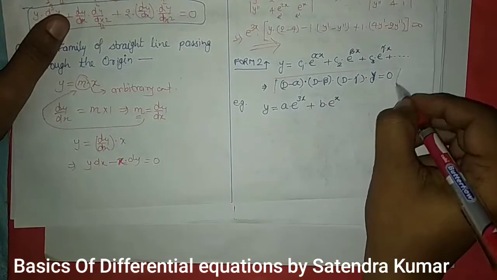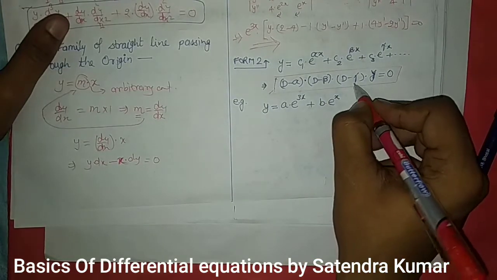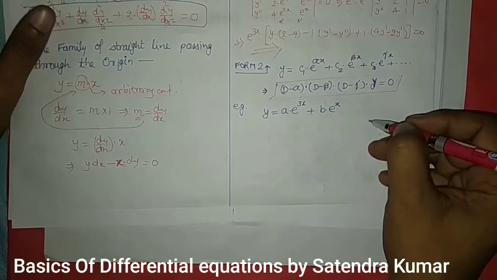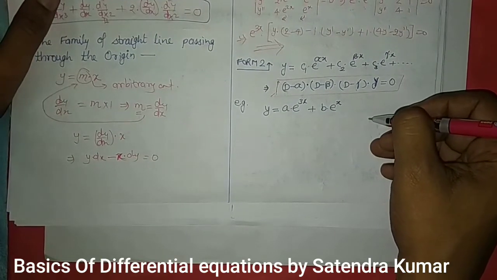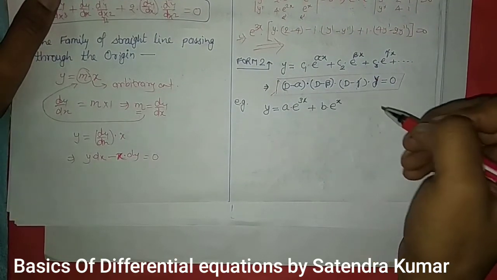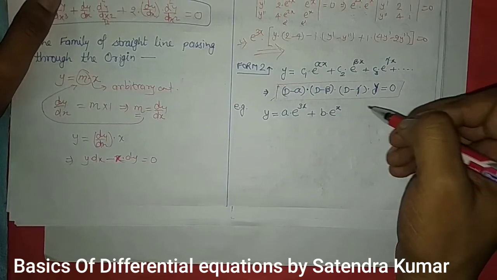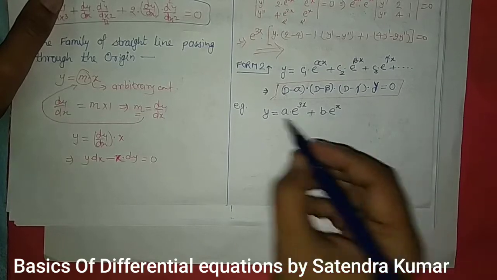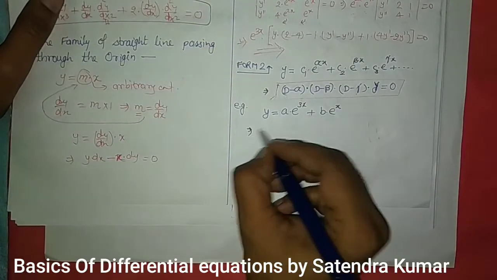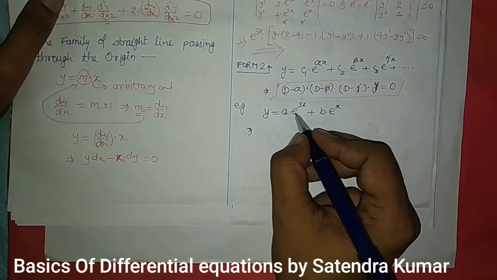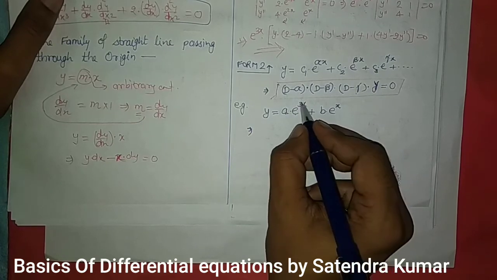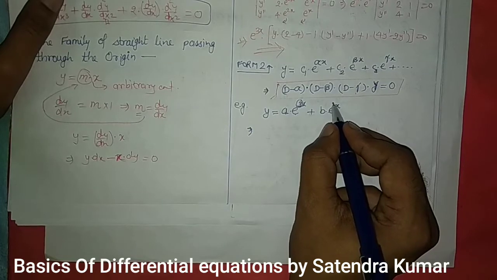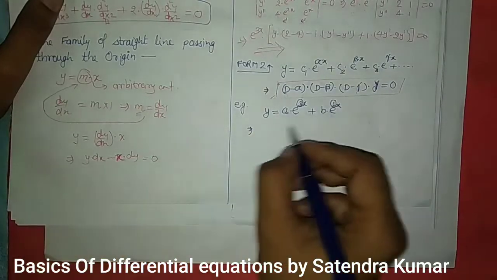Replace the given equation like this and solve, where D is the differential coefficient. So take it like simply y is equal to c1 e to the power alpha x, where alpha is 3, and if we take beta, beta is 1.